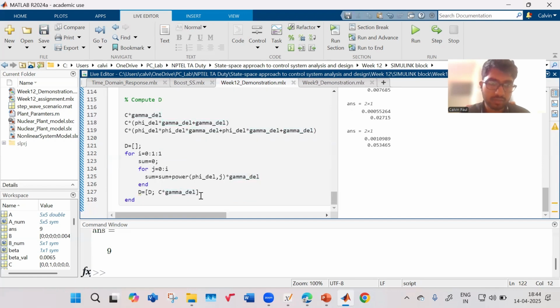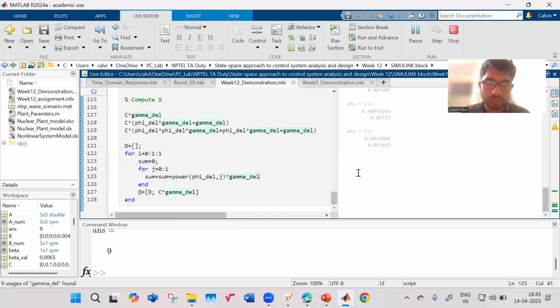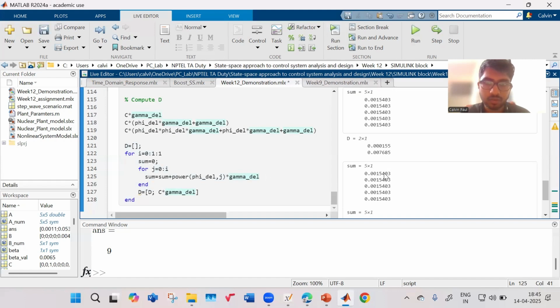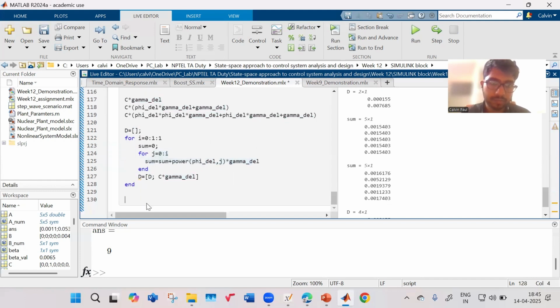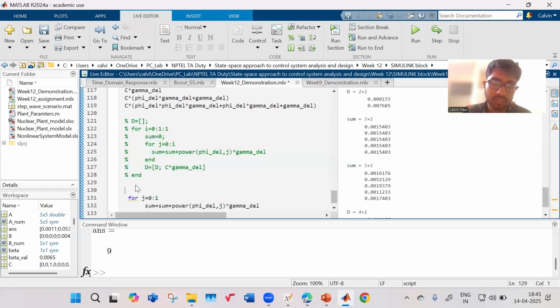That's right. Sum comes out to be like this. Please consider this thing. Here j is going from 0 to I. Let us say I is equal to 1. Okay.